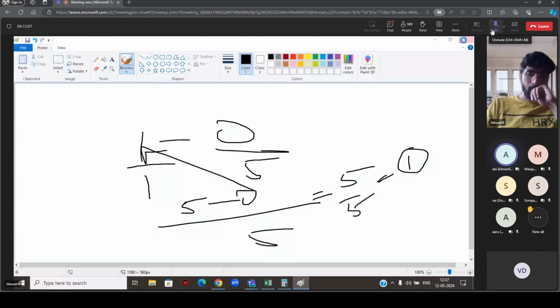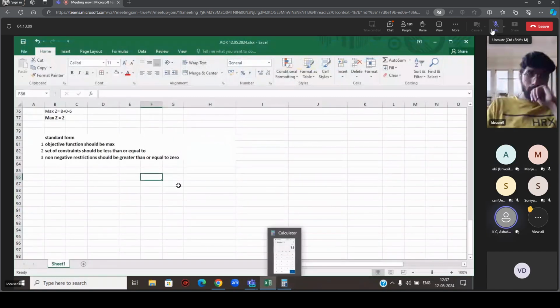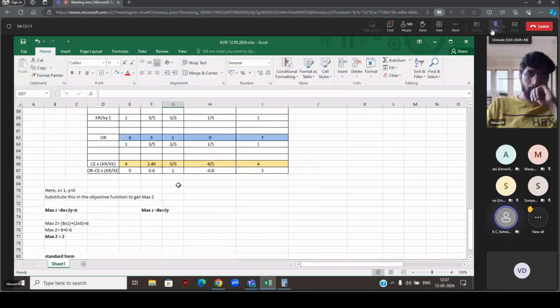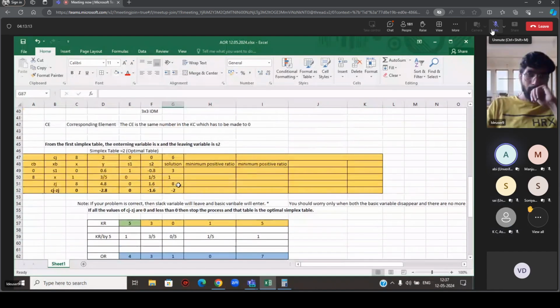So you can just scroll up for the optimal table. Sir, first slide, sir.